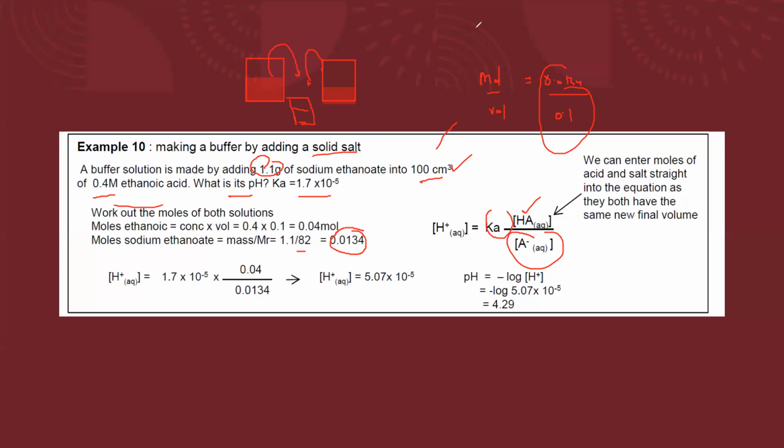But in this question, we have an aqueous acid, so dissolved acid, and we are adding a salt to this. When we add a salt to this, it will dissolve and make a buffer solution, but the total volume is unchanged. Here, the total volume was the sum of the two solutions. Is this part clear?